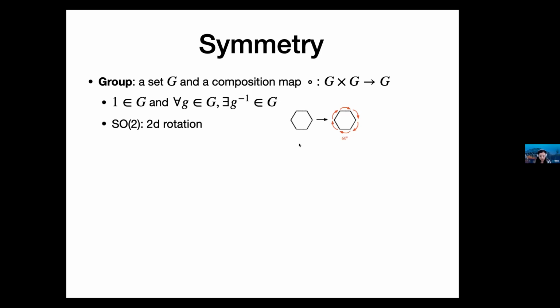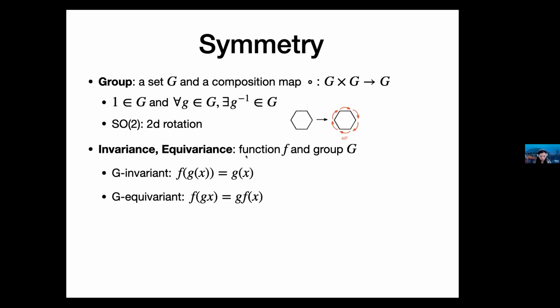With the group, we can also define properties based on invariance and equivariance. Invariance is basically that a group transformation applied to the input does not change the function value.